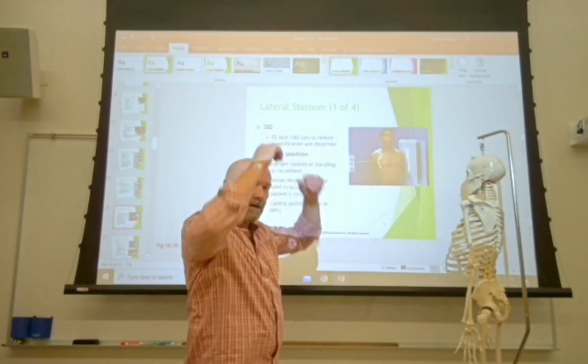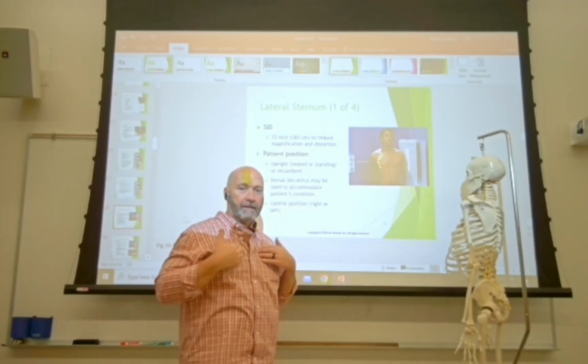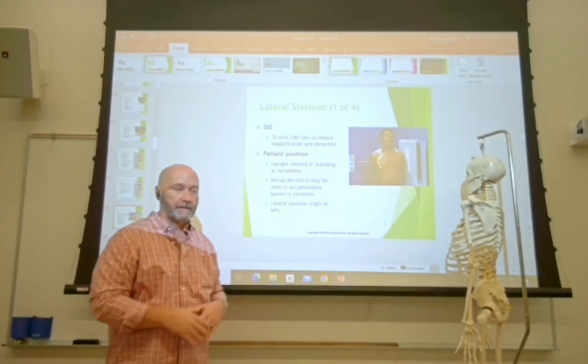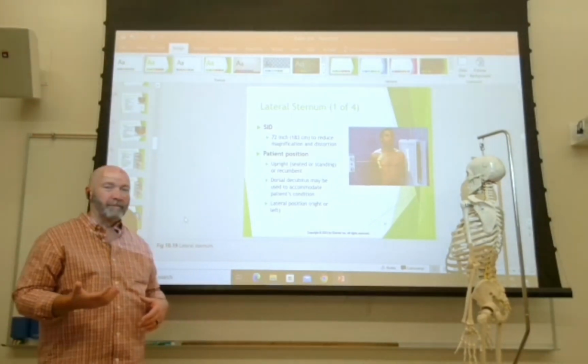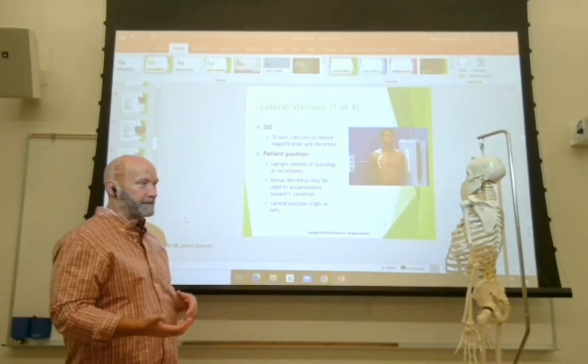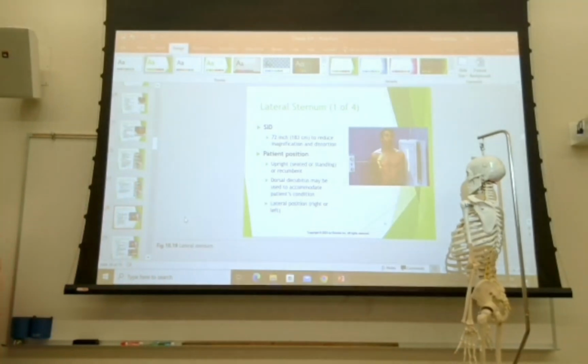If they put their arms up over their head, that soft tissue also has a tendency to gather. So really, cross table lateral is probably your better answer if the patient can't stand up. If the patient can't stand up, you can get 72 inches and you can shoot lateral left.